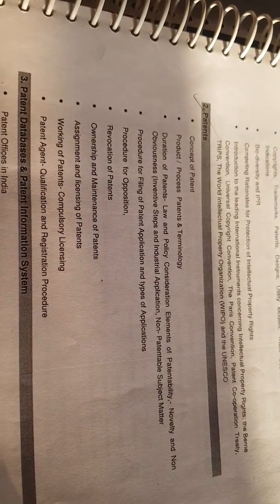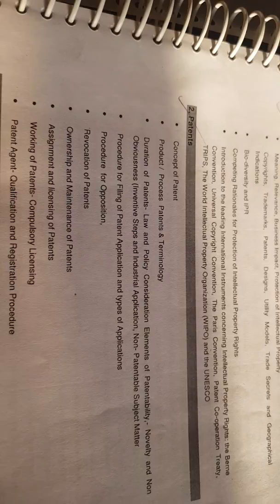Secondly, it's the patent. Patent is one of the main crux of the IPR book. Patents, trademark, copyright: these three things are to be read in detail, and it has been given in detail because we have a law with respect to that.